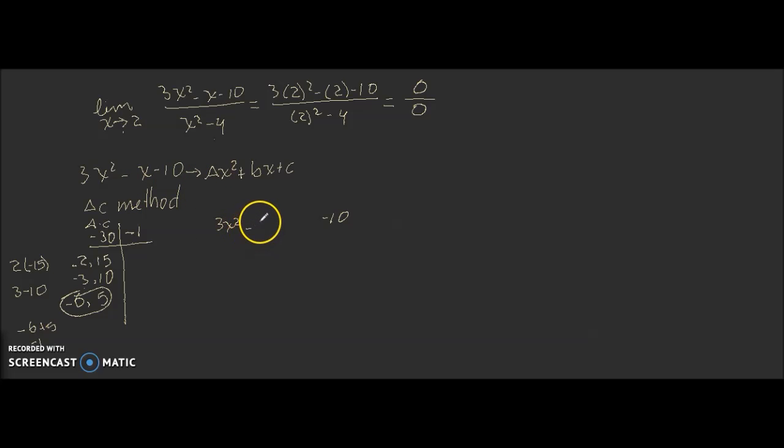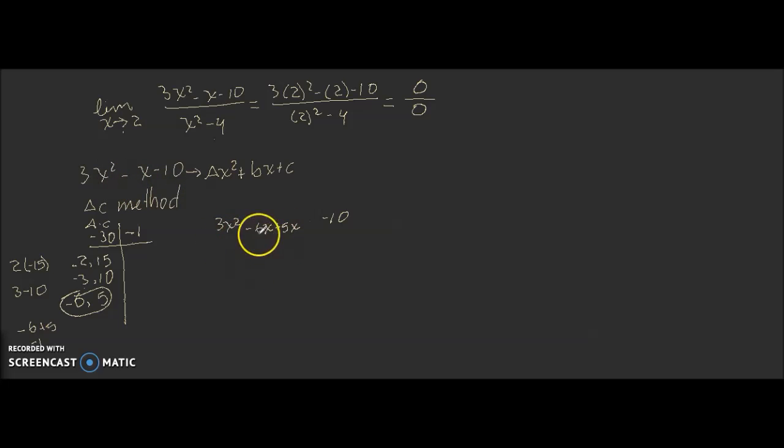So minus 6x plus 5x. Now, if you notice, when you add these two together, you come back to negative x. So this is why we want these two factors to give us this number here.